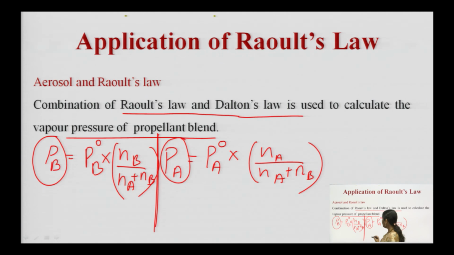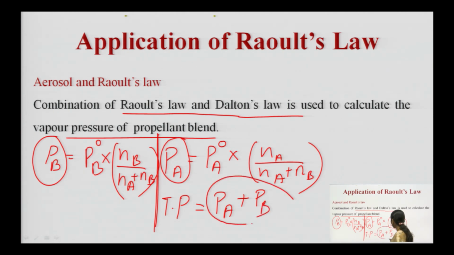And by using Dalton's law, we can say that the total vapor pressure will be equal to the partial pressure of A plus the partial pressure of B. So, this will be the pressure of the propellant blend.